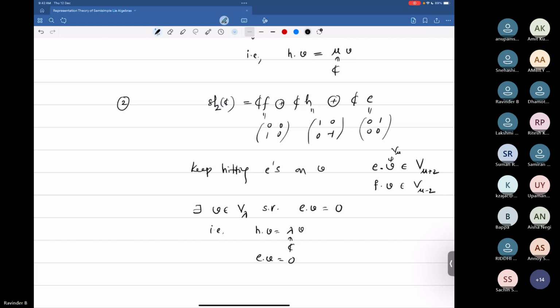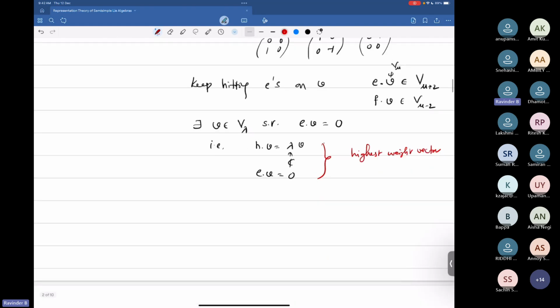And if any vector satisfies these two conditions, it is called a highest weight vector, in the SL2C setting. This is the highest weight vector she looked at. And then finally in the third step, she proved that lambda, whatever complex number, is in fact a non-negative integer.